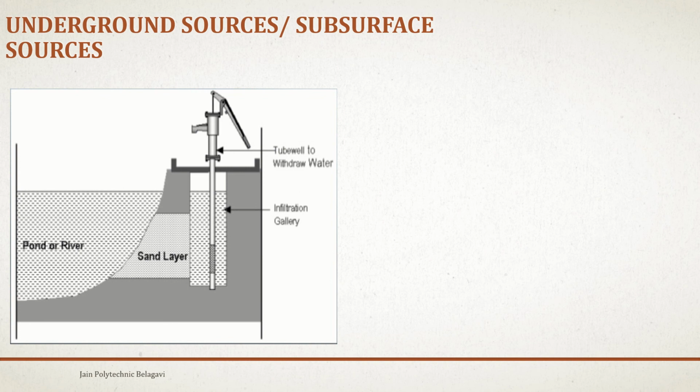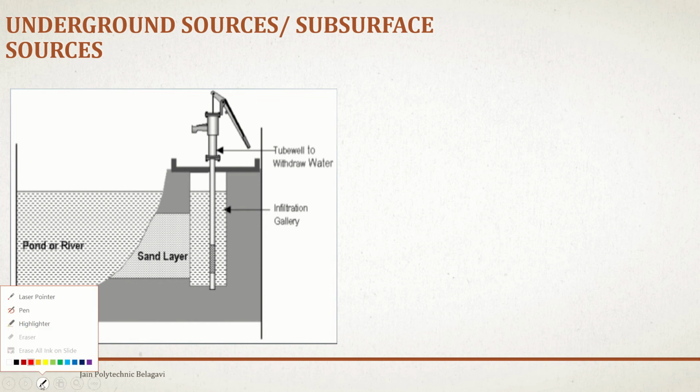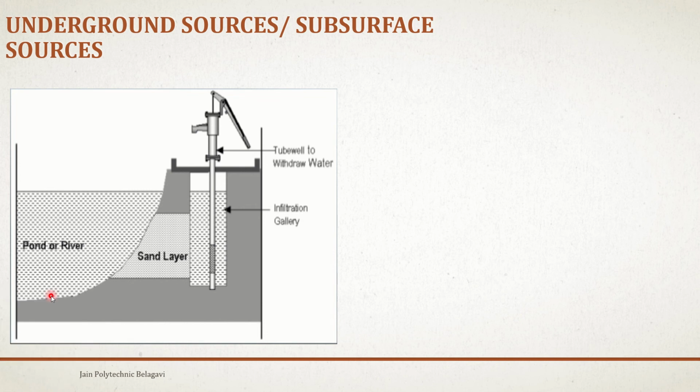This is one type of underground source, one type of infiltration gallery. On one side I have shown you the pond or the river, and beside that there is a river bank, and below that we have created a sand layer which will help in draining all the impurities from the water.